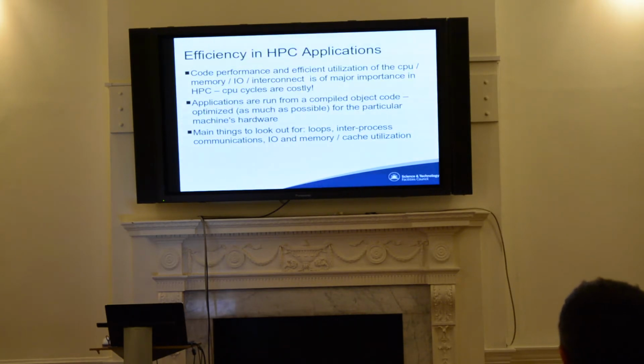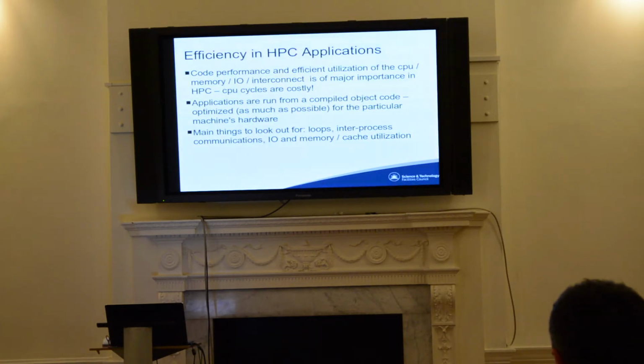So obviously, if you have an application running on there, you want to get it to run as quickly as possible and to use as few CPU cycles as possible to be economic. Therefore, code performance is of utmost importance.